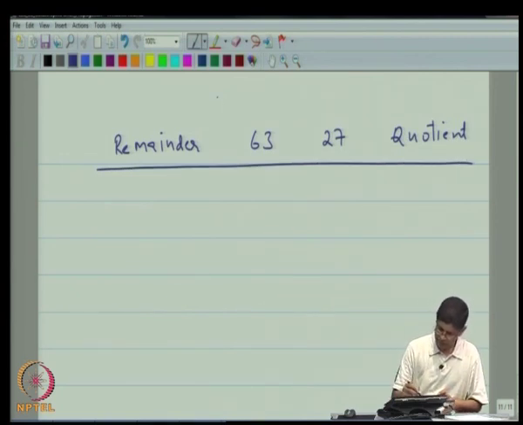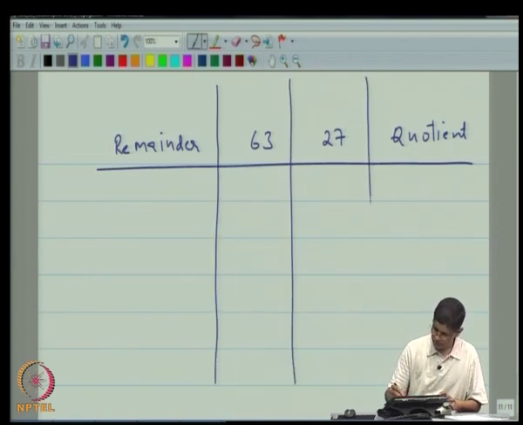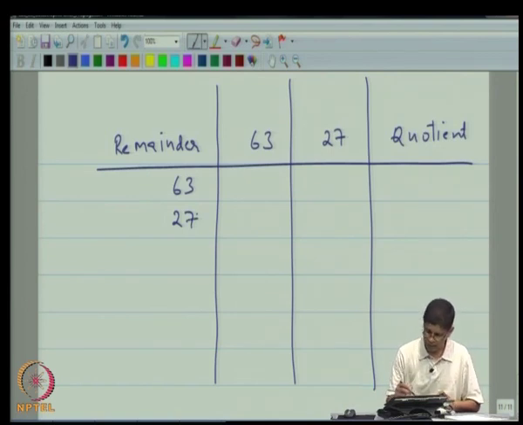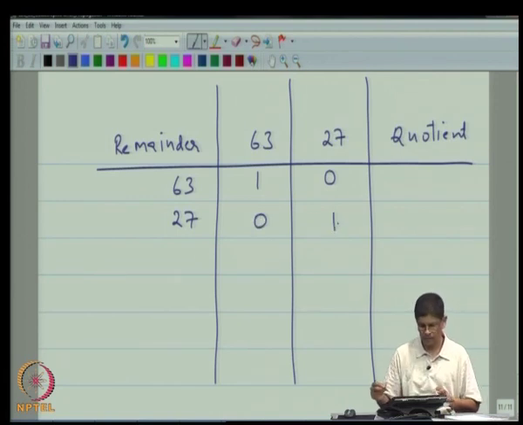And let me draw some vertical lines. Our first two entries are going to be 63 and 27 themselves, and I am going to put down a 1 and a 0 here, and a 0 and a 1 here.